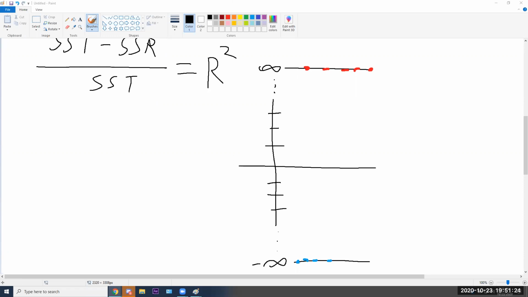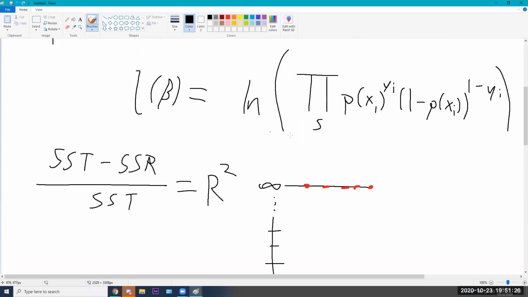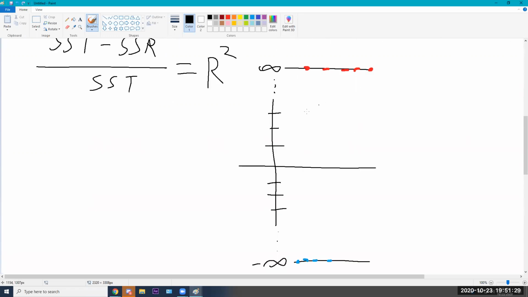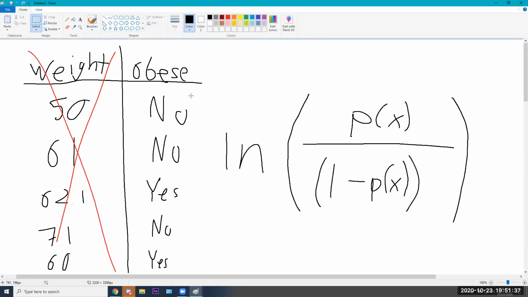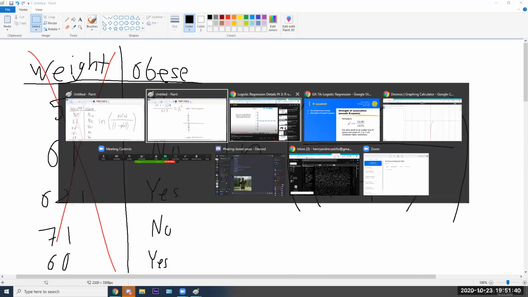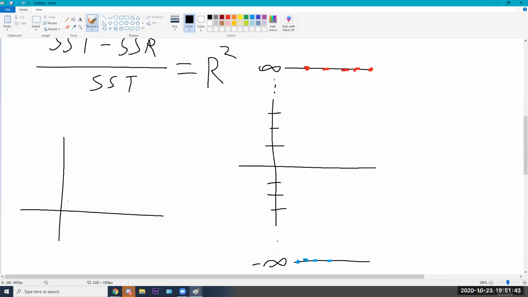Well, one way we can do that is to get the log odds, the logits of our data without taking the input into account, right? And so if you remember, if we had this data set, and what linear regression is, when you get the mean, getting the mean of a data set, just getting the average value, is sort of like trying to predict the value without taking your prediction variable, your independent variable into account, right?